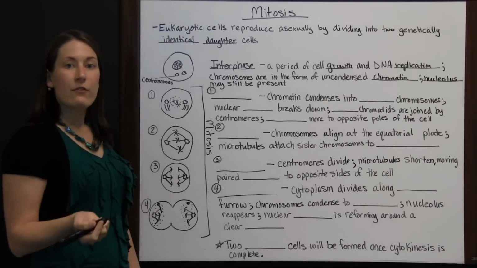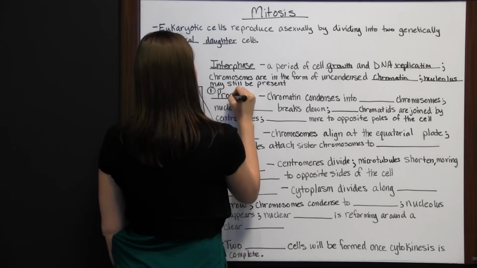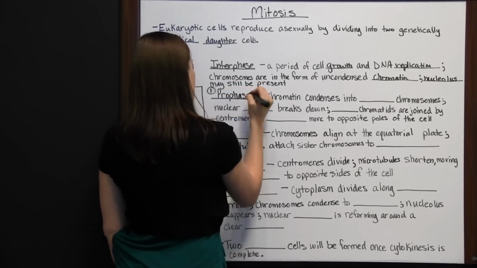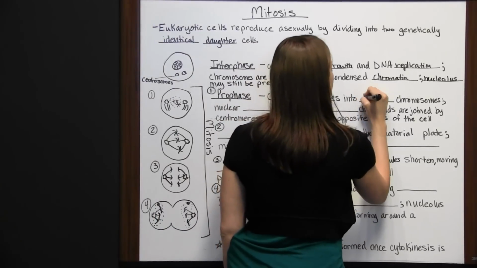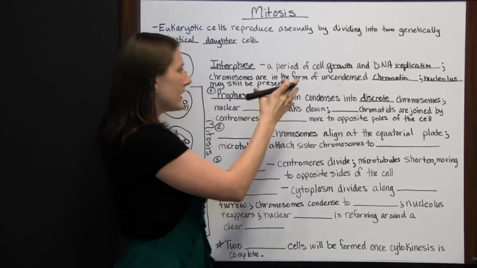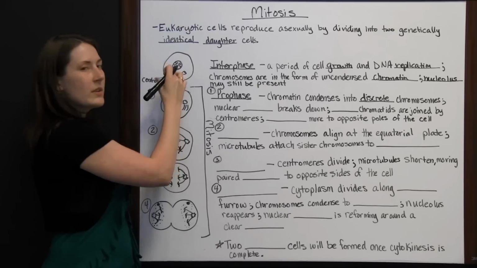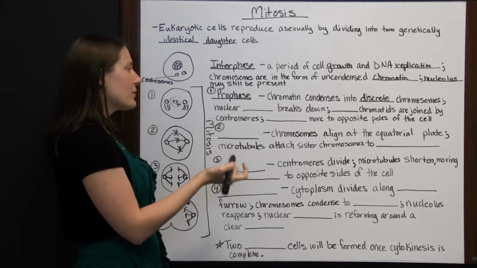Okay, first stage of mitosis is going to be prophase. In prophase, the chromatin condenses into discrete chromosomes. So remember, we had uncondensed chromatin that the DNA had been turned into. In prophase, it condenses into discrete chromosomes.